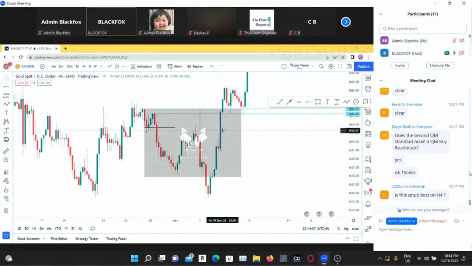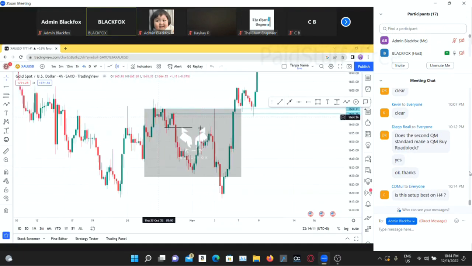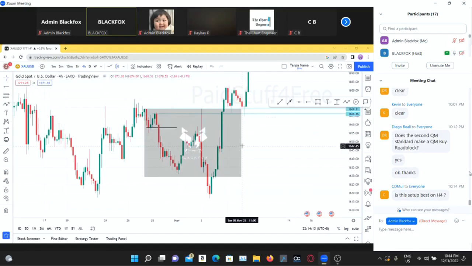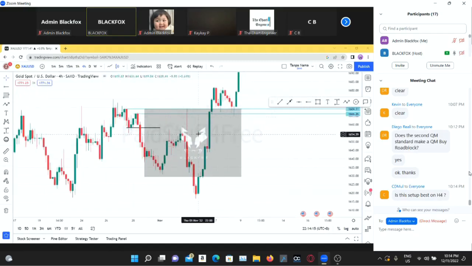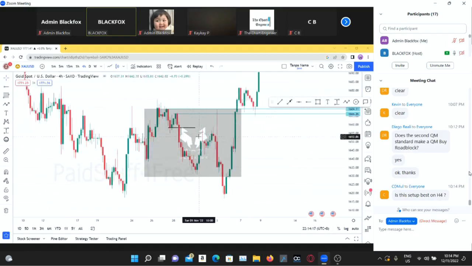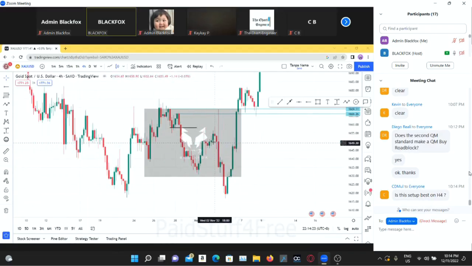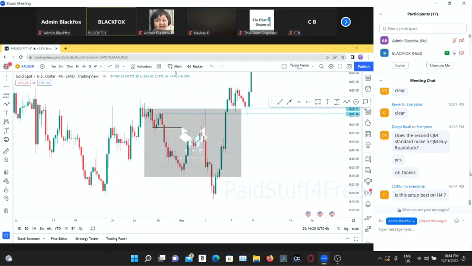Based on H4, H1 also has it, and M15 also has base. I think all time frames have base. It's best if you follow direction. If you do not follow direction, then it will not be the best.